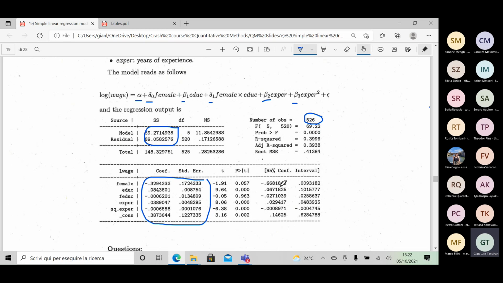This is a confidence interval at a confidence level of 95% for the coefficient of female, which is delta 0. We computed it for beta 0 and beta 1 in our exercises, where we had only 2 parameters. Here you have 6 parameters, so you have 6 confidence intervals, 1 for each parameter.